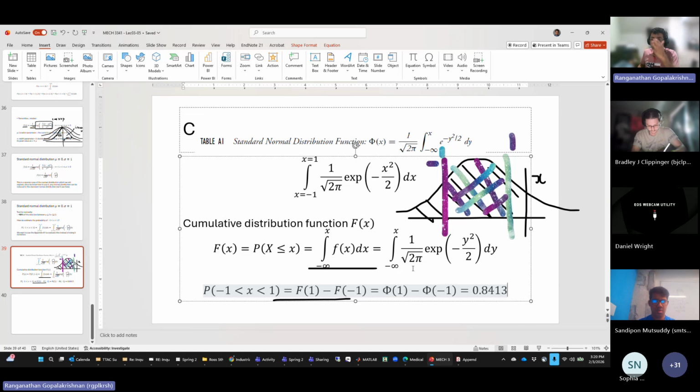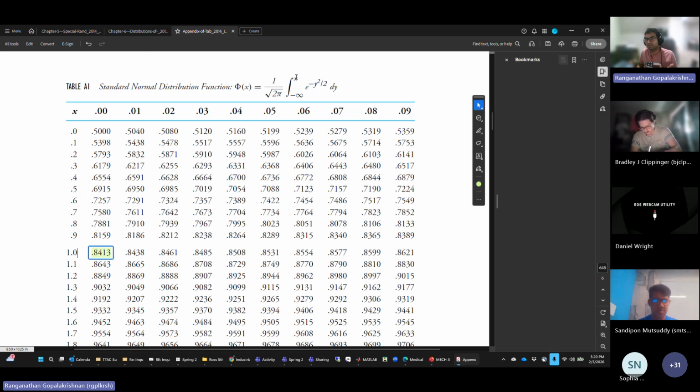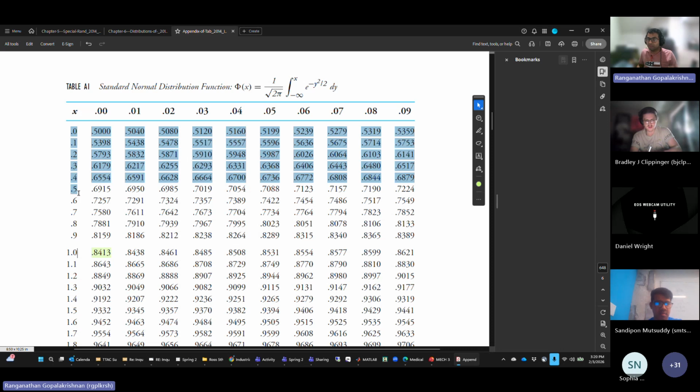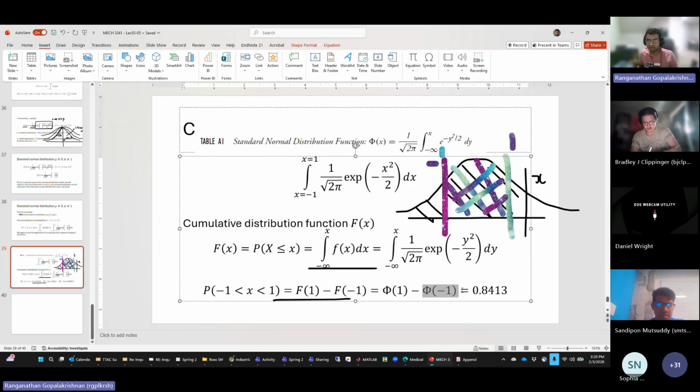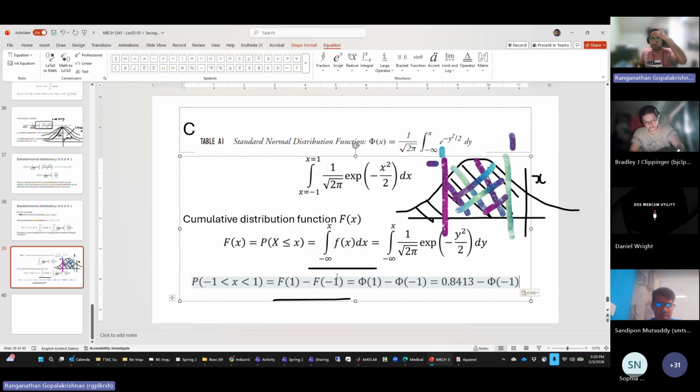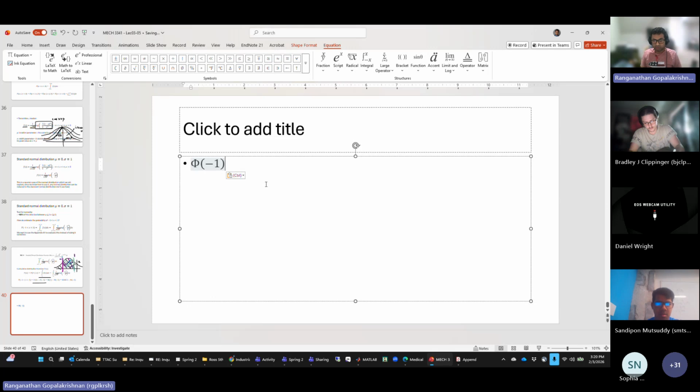Okay, let's think about this phi of minus 1, and how to use the table for negative values of x, which is not directly tabulated, but we'll have to do a little mathematical trick here. So we are still left with trying to figure out how to get phi of minus 1. What is phi of minus 1?